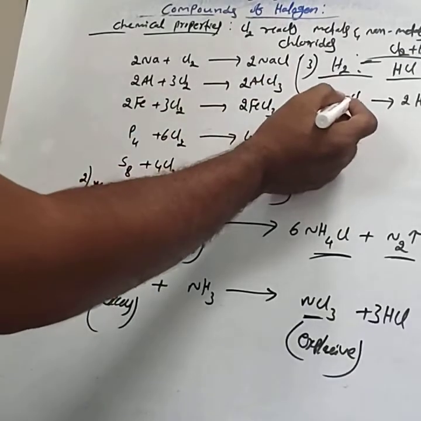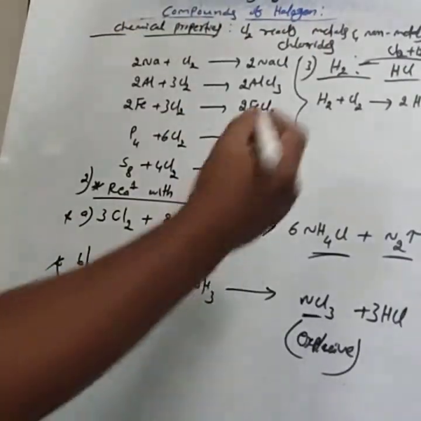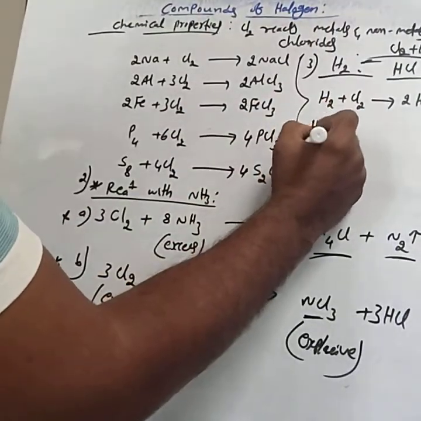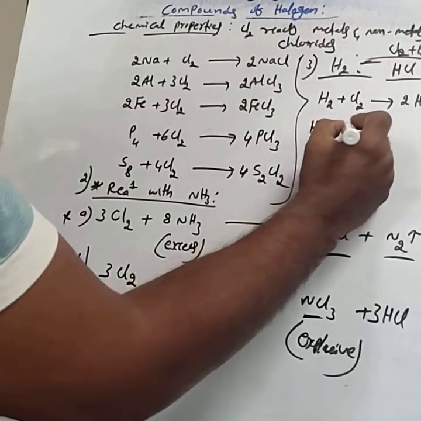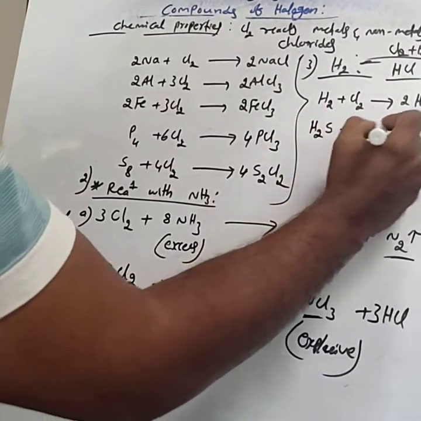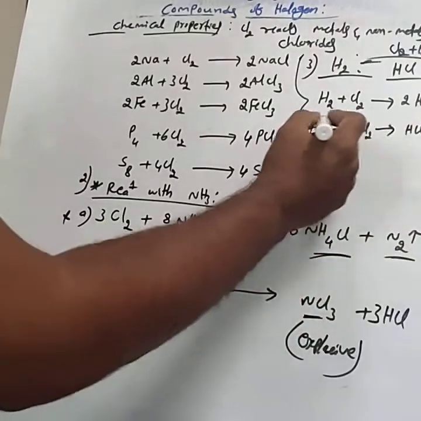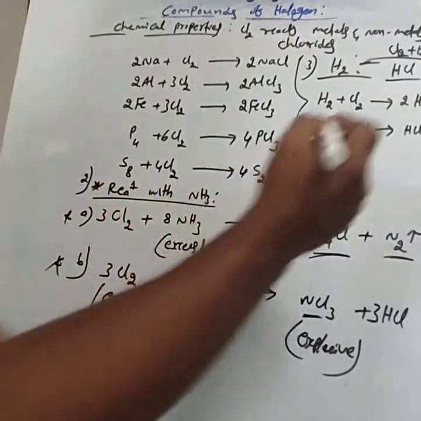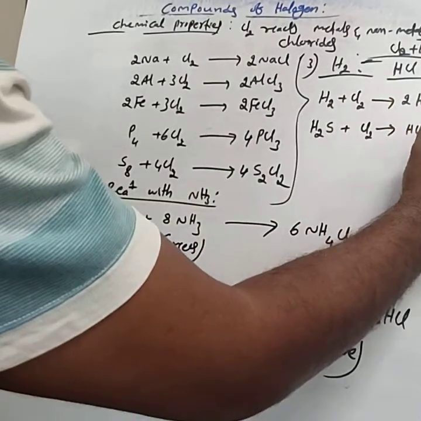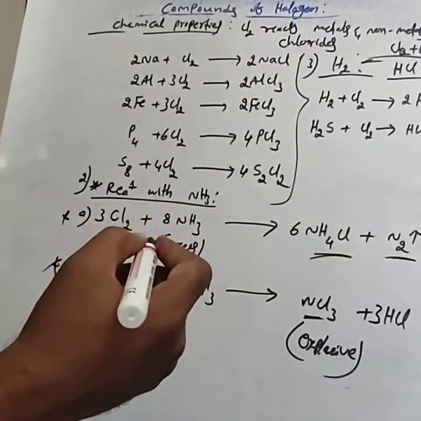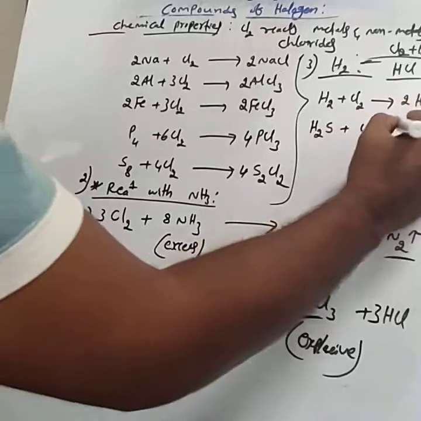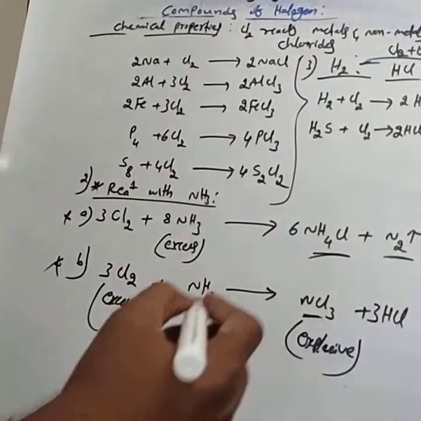Or if they mention a compound containing hydrogen like H2S reacting with chlorine, again you have to write HCl as one product and sulfur as the other. To balance that, 2HCl plus sulfur.